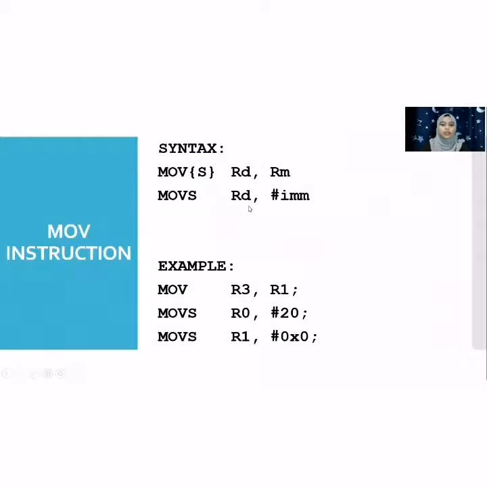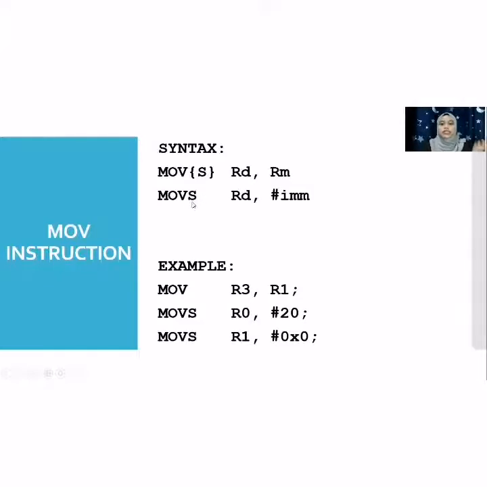And the MOV instruction can also move the immediate values into the register destination. But for this coding line, we must include the S suffix to update the condition flag.